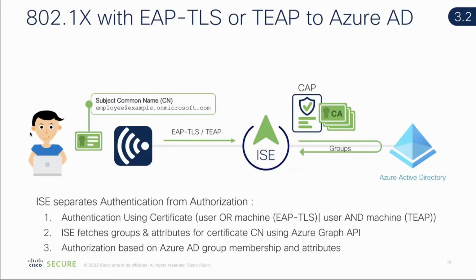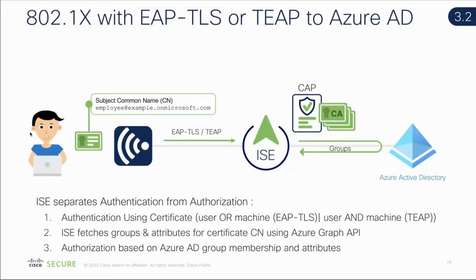And then we can take that authenticated subject common name and compare it to a group lookup inside of Azure Active Directory for authorization. So notice that we aren't doing authentication to Azure Active Directory here. All we're doing is doing a group lookup based on an authenticated certificate with a subject name, right?